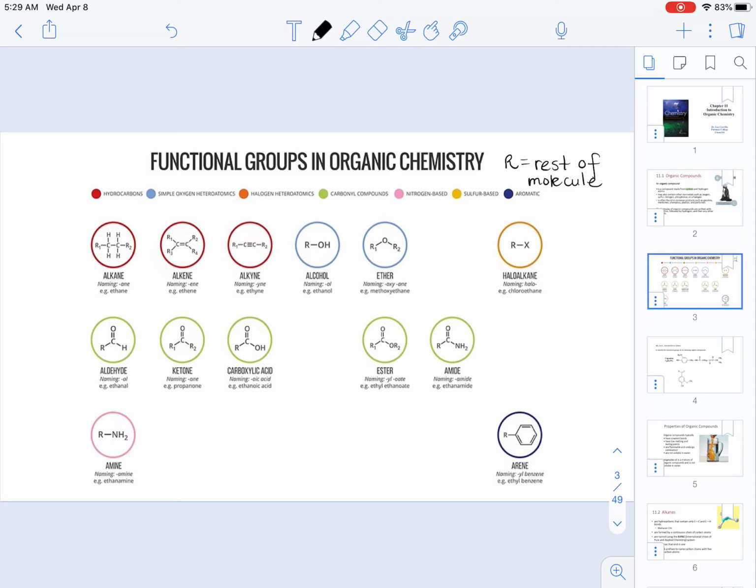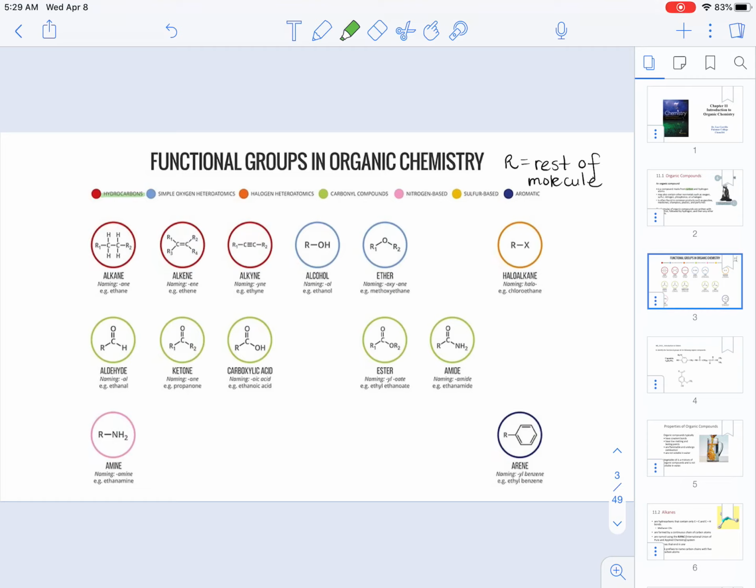So let's first talk about the different families when it comes to functional groups, starting with hydrocarbons. As the name suggests, hydrocarbons are going to be compounds that contain just carbon and hydrogen atoms in their chemical formulas.